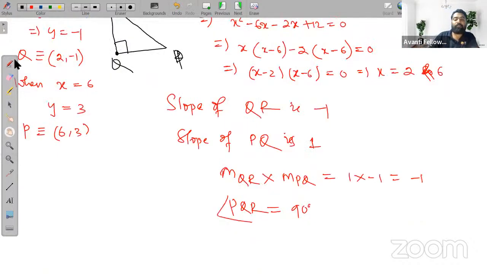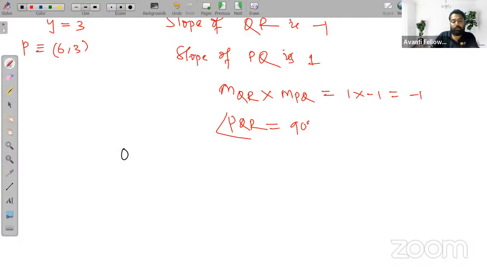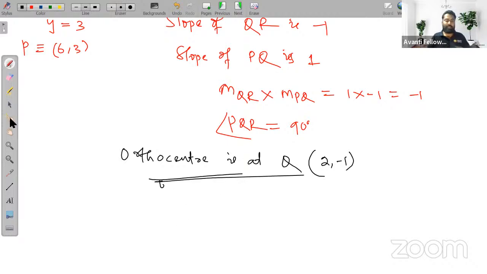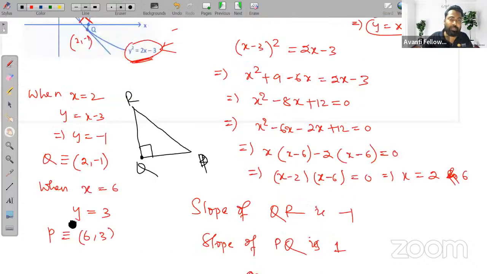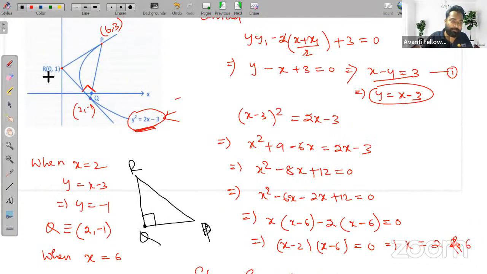So we are getting the orthocenter at the point Q, whose coordinate is 2, minus 1. So the orthocenter is 2, minus 1. Is that clear to everyone? In case of a right angle triangle, you can observe here, the triangle is like this.